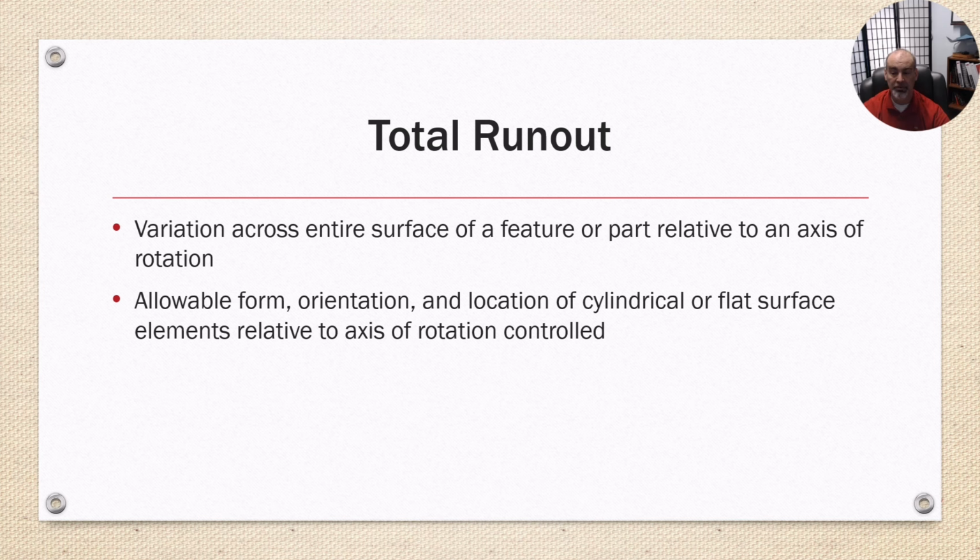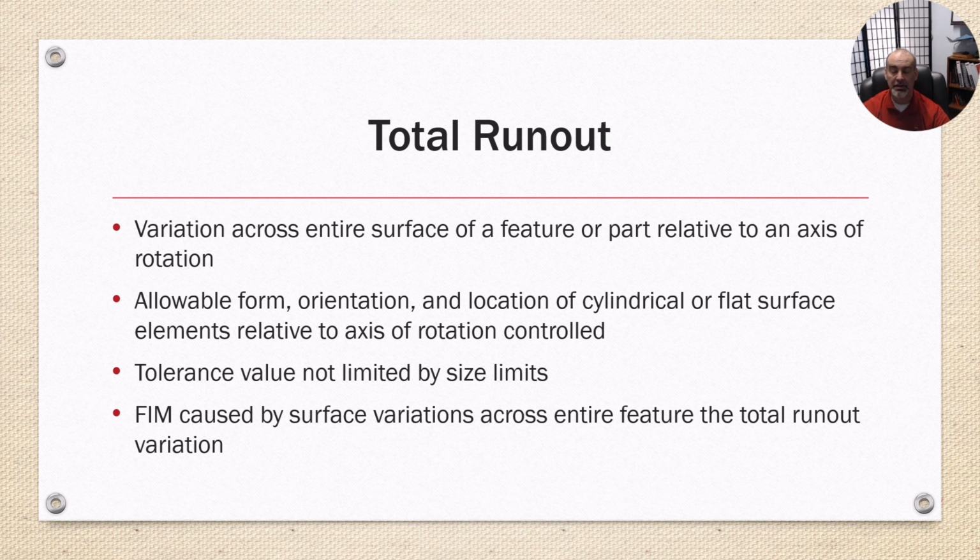So with circular, you're not controlling the surface. With total runout, you are. The tolerance value is not limited by size limits, and FIM is caused by surface variations across the entire feature, the total runout variation. So FIM is your indicator reading.